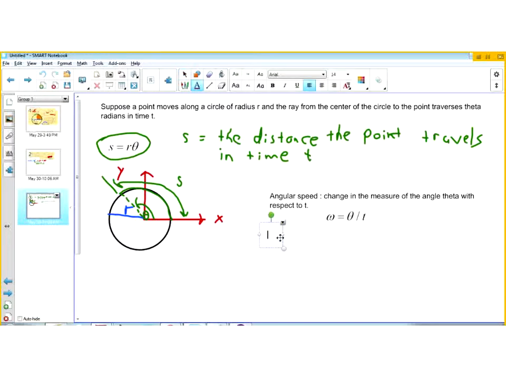Linear speed is the velocity of the point. Linear speed is equal to the arc length, the distance it's traveled, divided by time. So we'll write the formula for that.